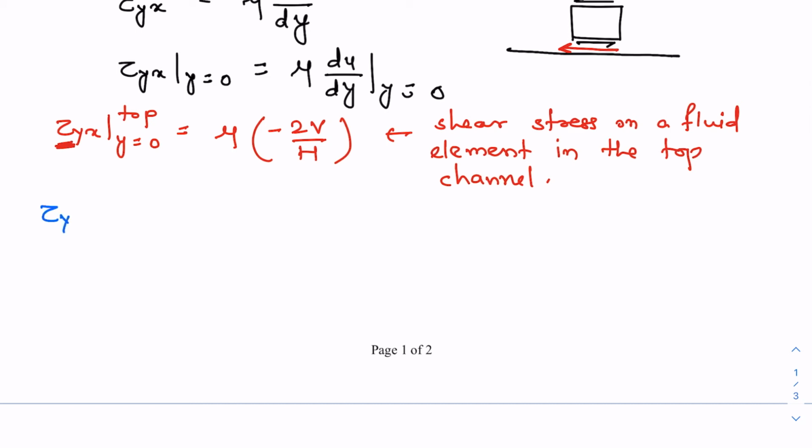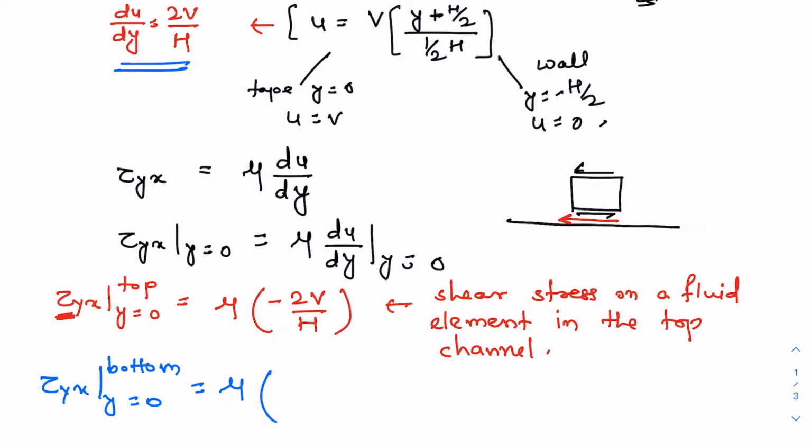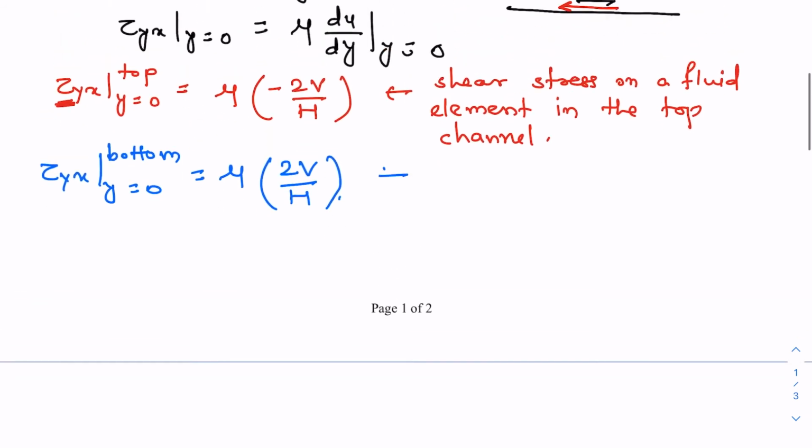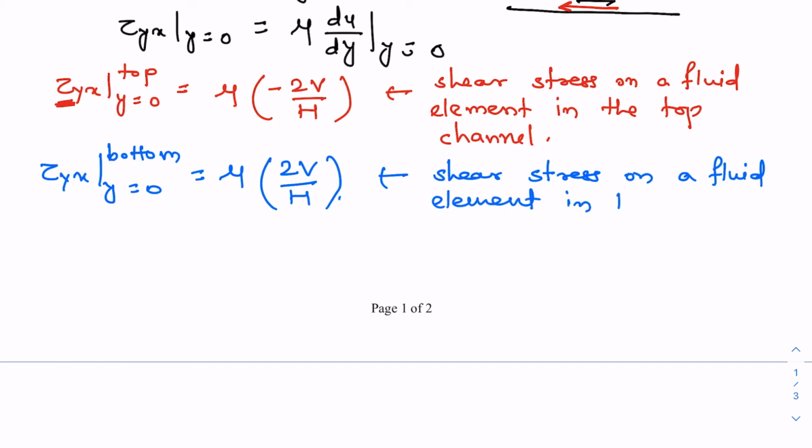Now the shear stress on the bottom channel at y equal to 0 is mu times the velocity gradient in the bottom channel, which is 2v by h. So this is the shear stress on a fluid element in the bottom channel.